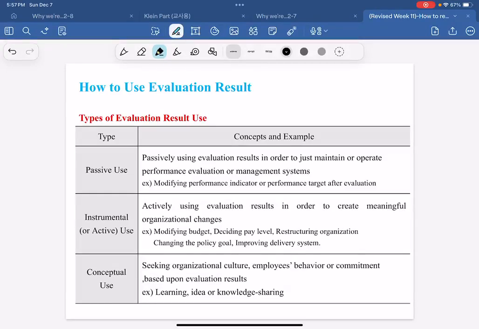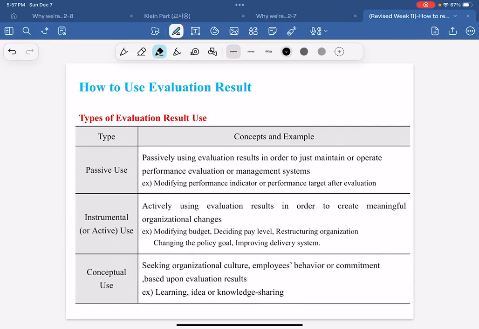Active use is called instrumental use, and the evaluation information can be used very actively in order to create meaningful changes and improvement, right? On the basis of evaluation result, the budget may decrease or increase. Also, public officials may be promoted, or their wages and rewards increase or decrease.